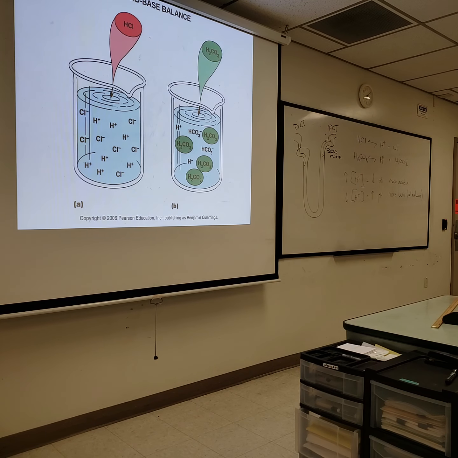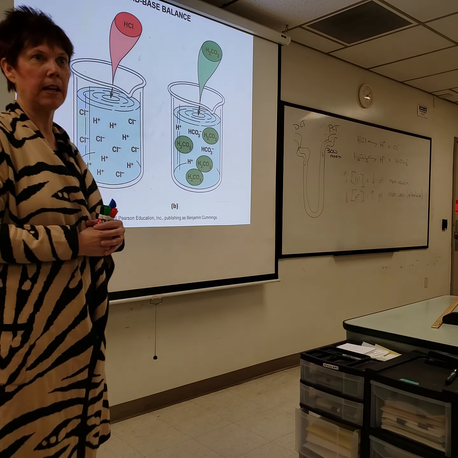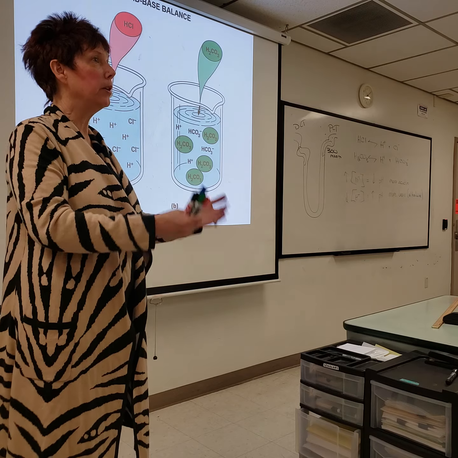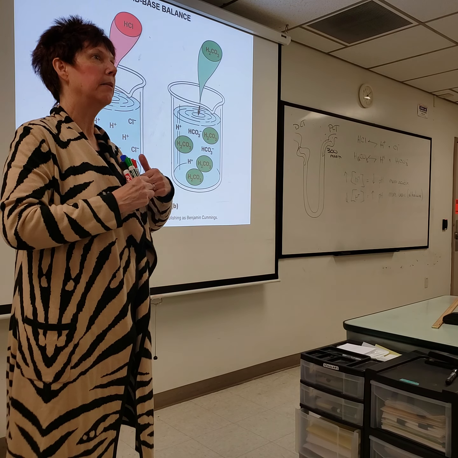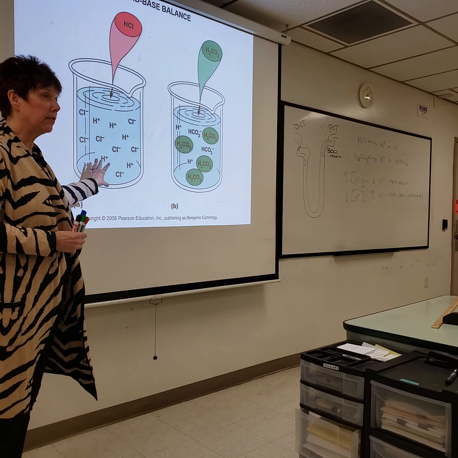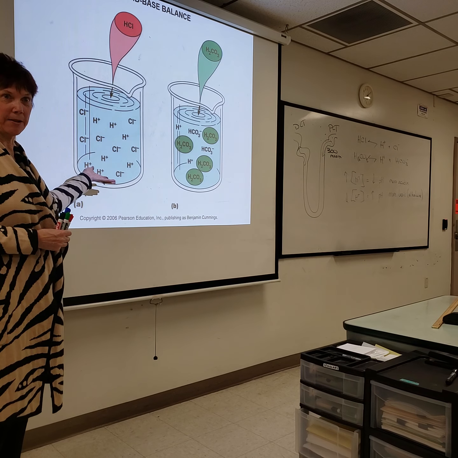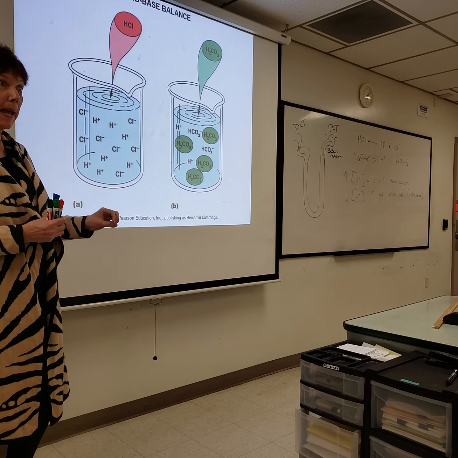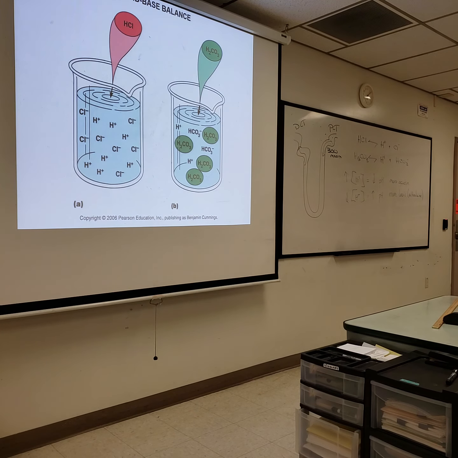So if we add hydrogen ions to a solution, what's going to happen to the pH? It's going to go down. If we remove hydrogen ions from a solution, pH is going to go up, all right? So as you can see here, hydrochloric acid is never going to accept a hydrogen. It completely dissociates. So weak acids and weak bases, before I say too much, let's look at the next question.